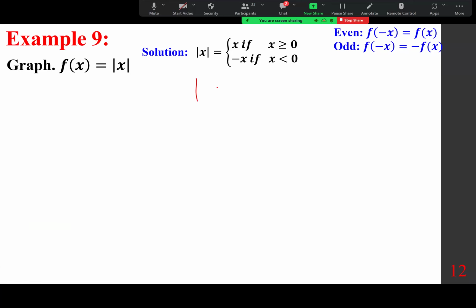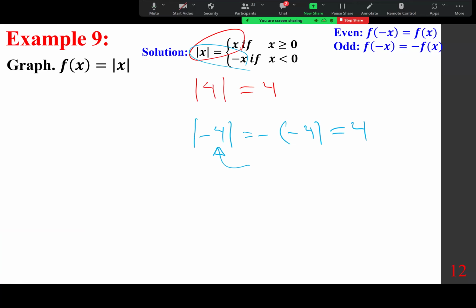If I'm looking at the absolute value of 4, the answer is 4. So we are looking at this part. It says when inside the absolute value you have a number which is positive, you just drop the absolute value. But if I have -4, then I'm here, so I need to write the opposite of this to make it positive.